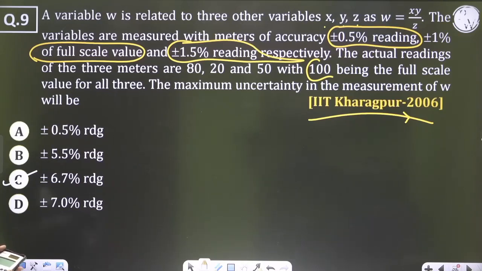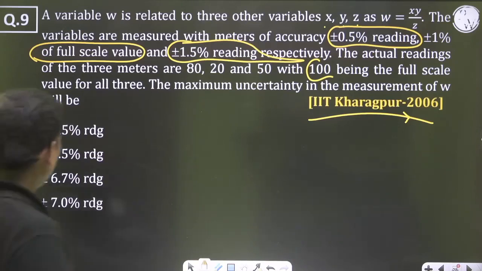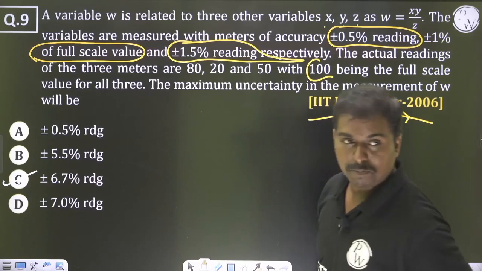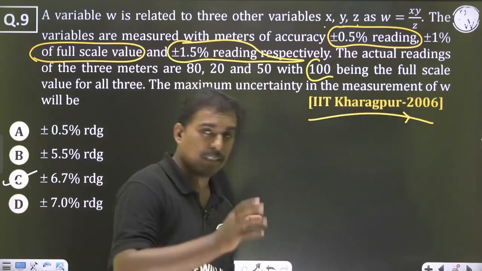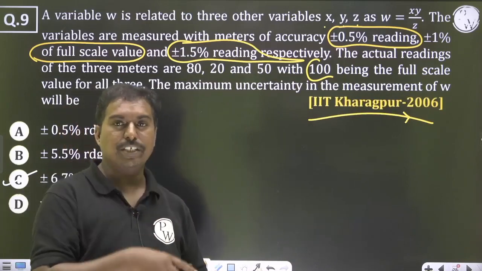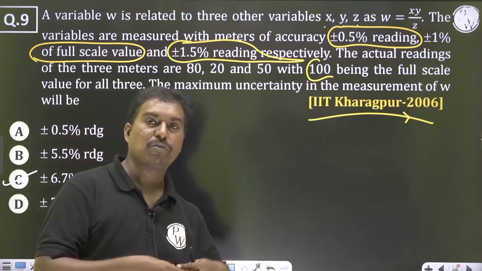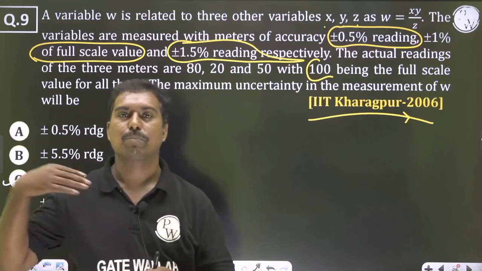Perfect. 6.15, the closest answer is option C. That is the way. Different meters, different readings. Some meters can be expressed with respect to full scale value, some meters with respect to the reading.